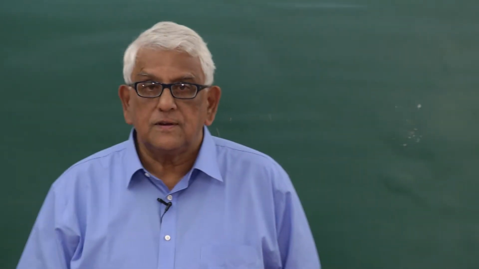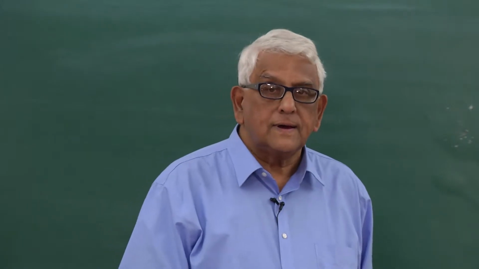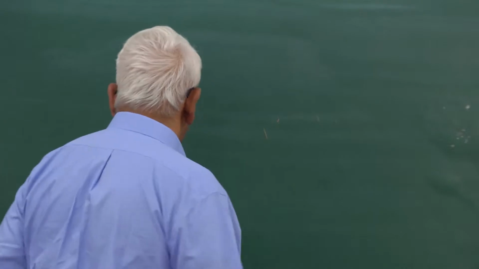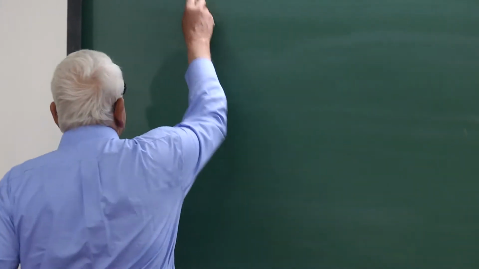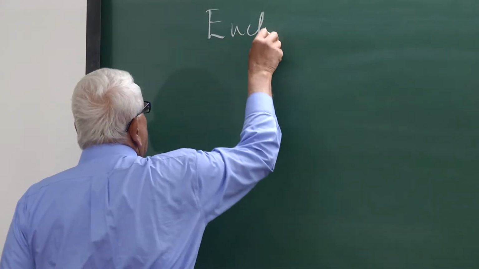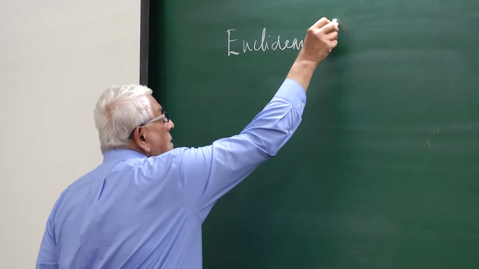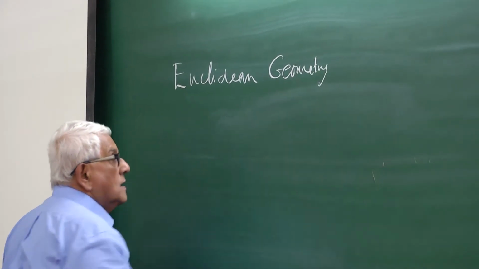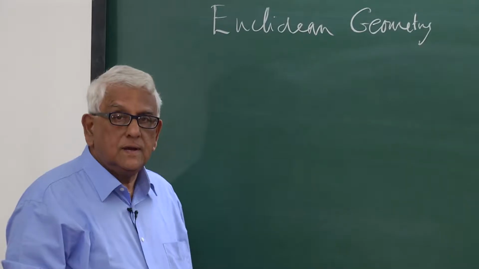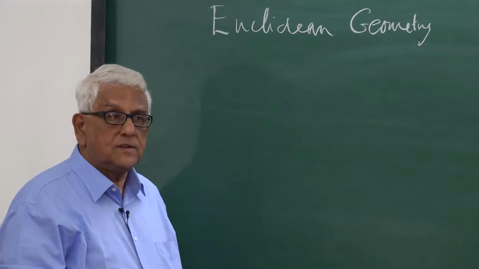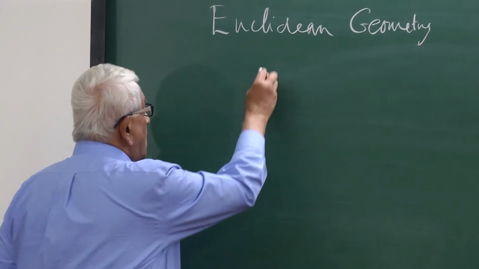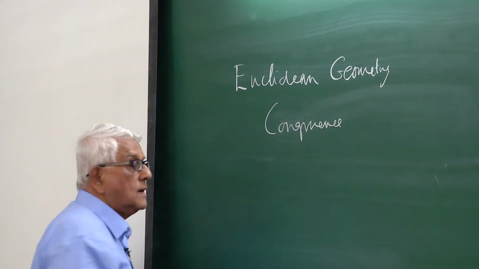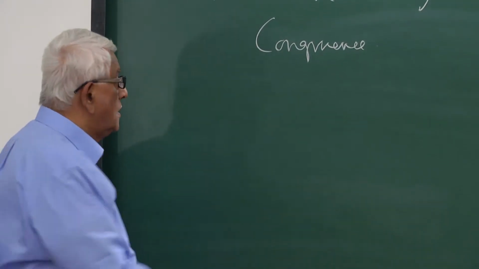So, let us start by recalling that Euclidean geometry, which we looked at, in Euclidean geometry, the basic unit of equality was, as we said, the idea of congruence. And the basic objects were triangles.